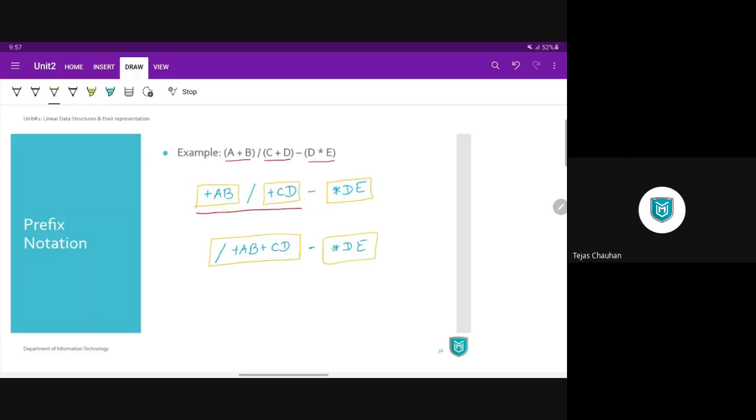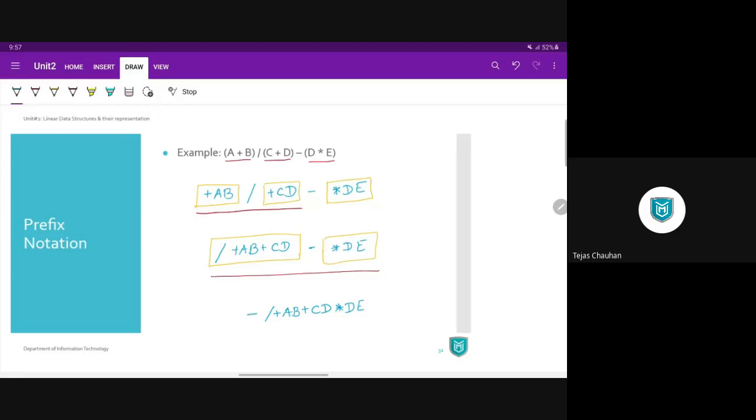So we have only one operator to be resolved. Let us solve this part. Bring your first operand, which is divide plus AB plus CD. Then bring your second operand, which is star DE. And then you prepend your operator, which is minus.